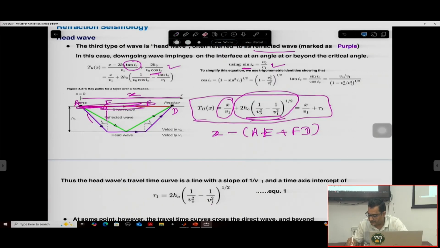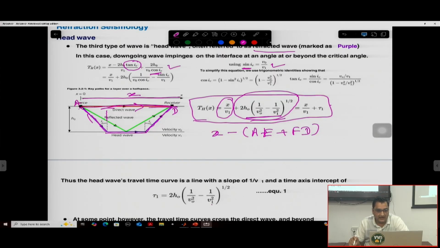So you can see that there is this direct wave, traveling with the velocity of V0, and this head wave that is going down, traveling along the layer's interface and then coming back up. Initially the direct wave will be the first arrival.